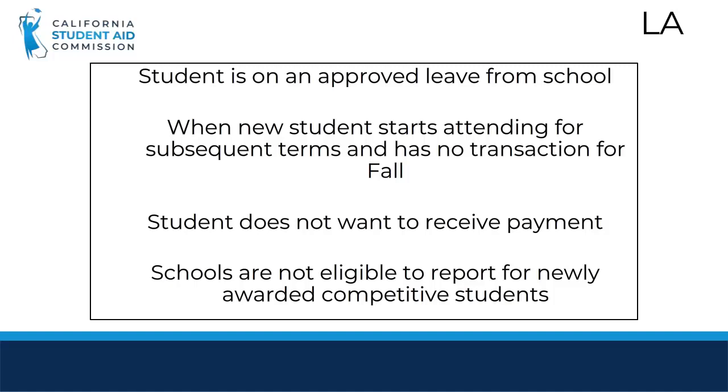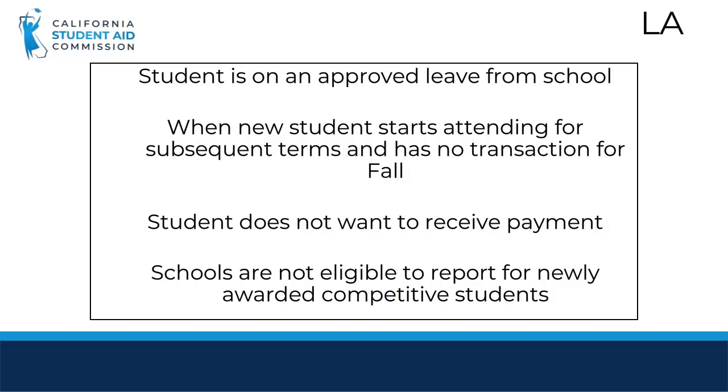If the student does not have enough unmet need based on verification, submit a Grant Record Change Form, or G21, so the Commission may update the student's record and remove them from your roster. And for students that are not attending your school, please report NA for not in attendance.